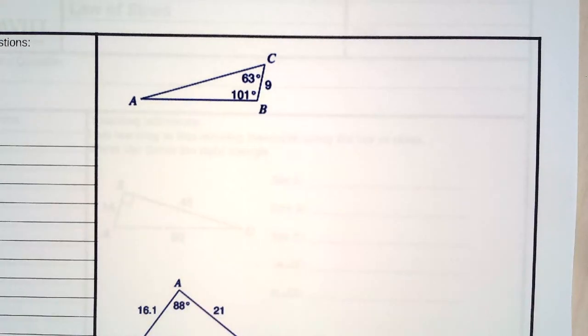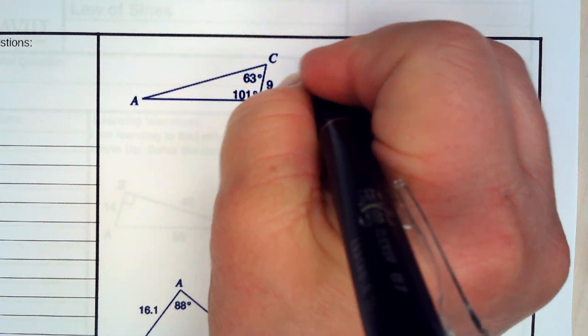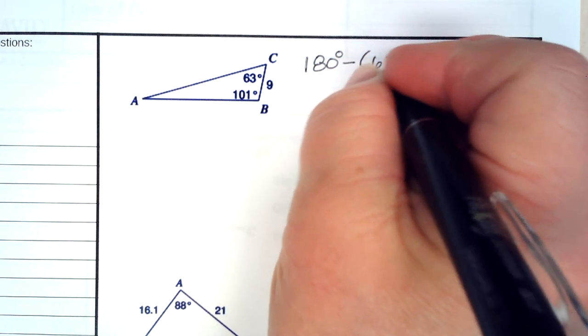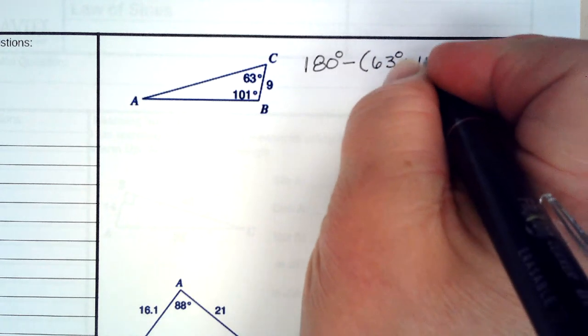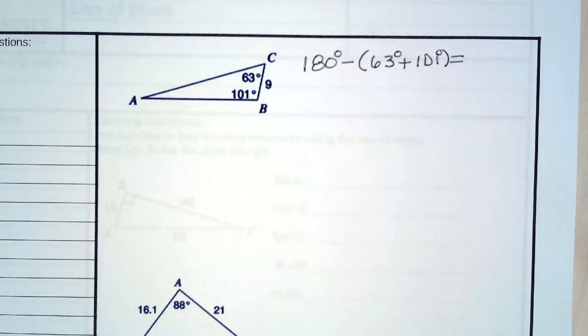So take a minute and think, how shall I start this? If you said I need to start by finding that third angle, you would be correct. 180 degrees minus 63 degrees plus 101 degrees is equal to.